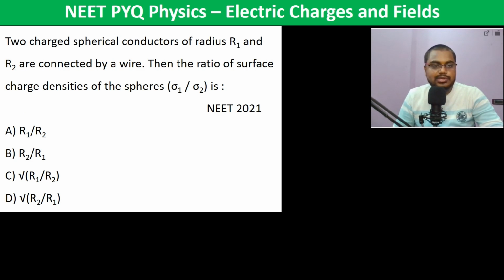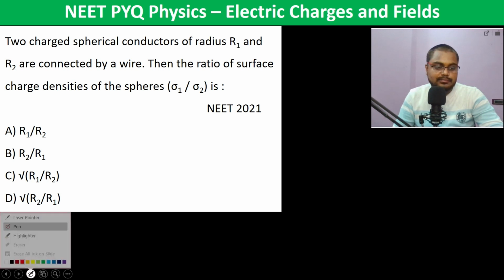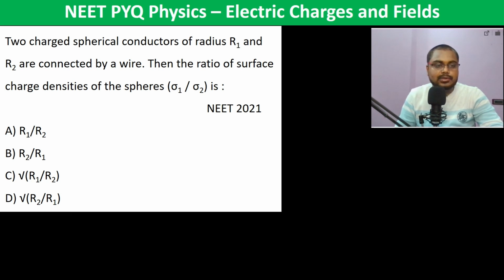The ratio of surface charge density of the spheres is, okay, so there are two charged spheres which are connected by wire. So this is r1, this is r2, this is sigma 1 and this is sigma 2.